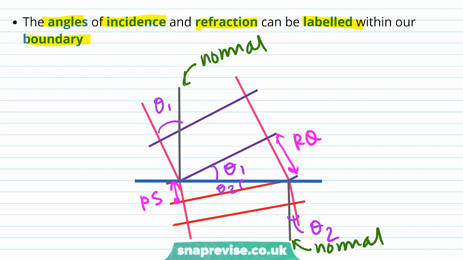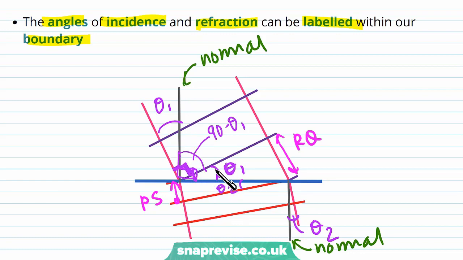And the reason why this angle here is θ1 and this angle here is θ2 is because we've said that the rays are perpendicular to the wavefront. So this angle here is 90 degrees, which means this angle is 90 minus θ1. So therefore, this again is perpendicular because we said that is the normal to the interface.